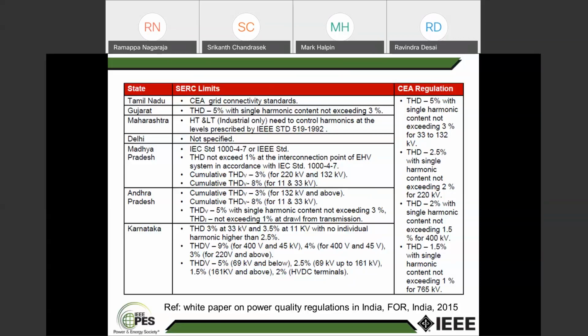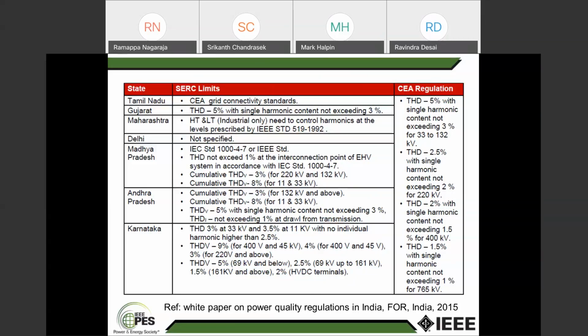Well, okay. First of all, let me answer the first question first, and that is in the United States, of course, IEEE 519 is not a legally binding document until it is adopted either by a regulator or included in a contract between the utility and the user.